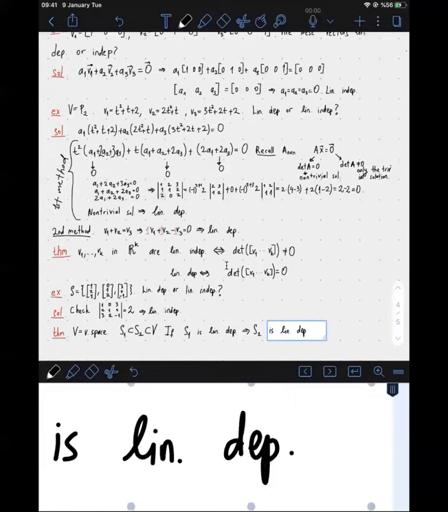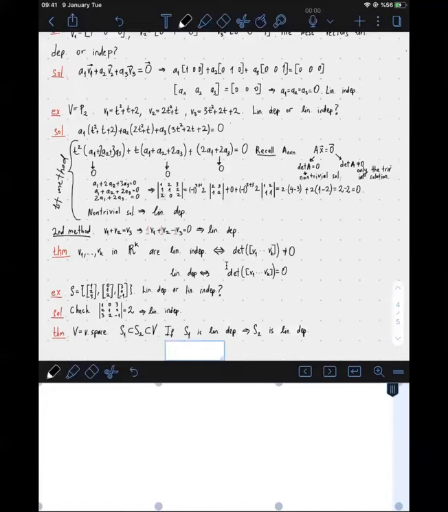Can we say something about the converse? For the converse, if the larger set contains no redundant vectors, then the smaller set cannot contain any redundant vectors.